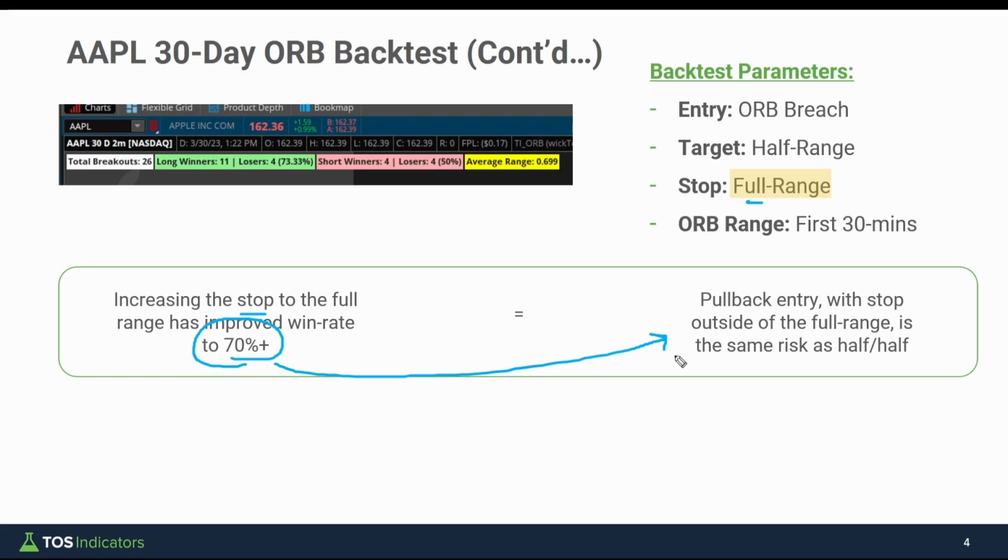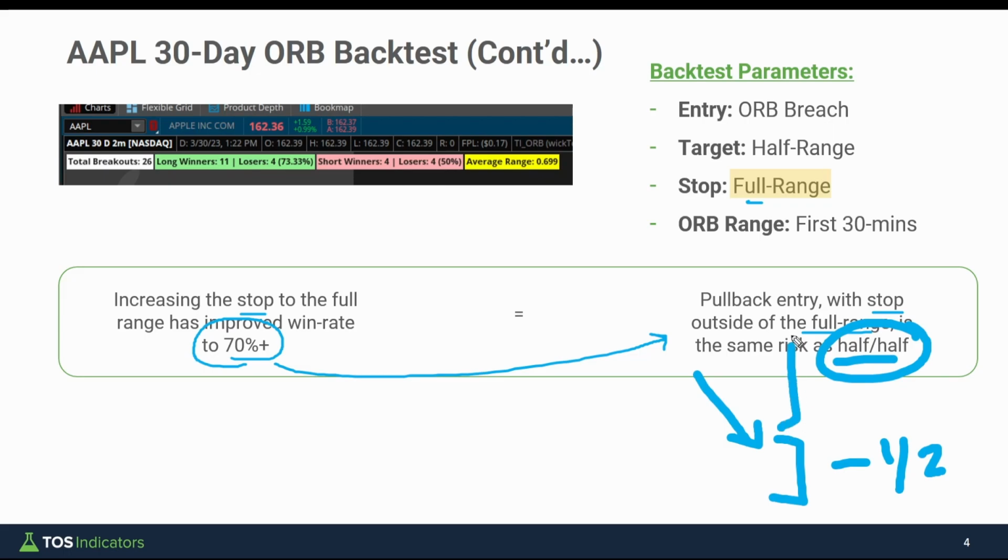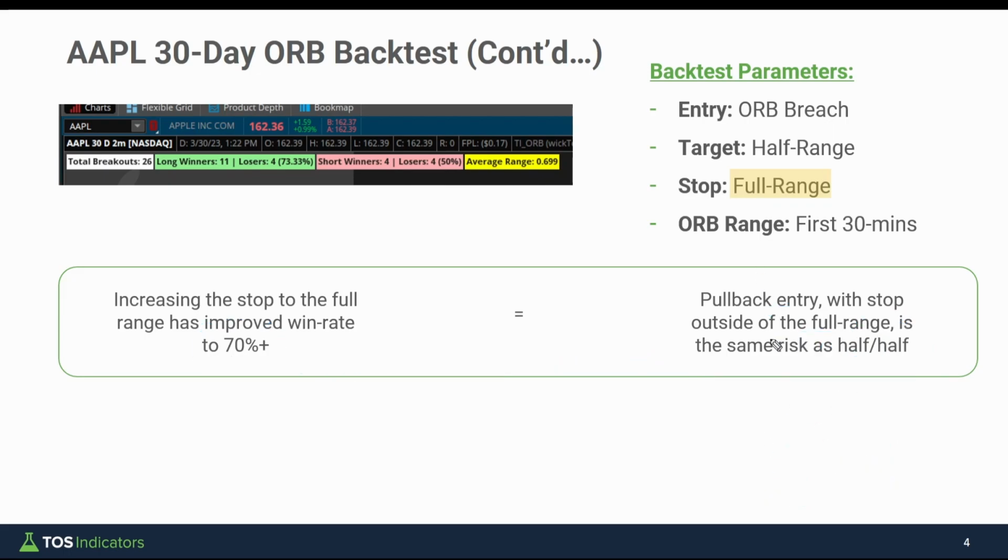That information is if we do have a pullback entry where now we can use the stop outside of the full range, we've still managed to keep the risk the same as what we would have had we just been targeting this half and half from the get-go. The reason for that is we've waited for a pullback, we've pulled back half of the range, which means now our risk is really 1/2 here, and in terms of our target, we've been able to go for double the target, so we've skewed the risk to reward.